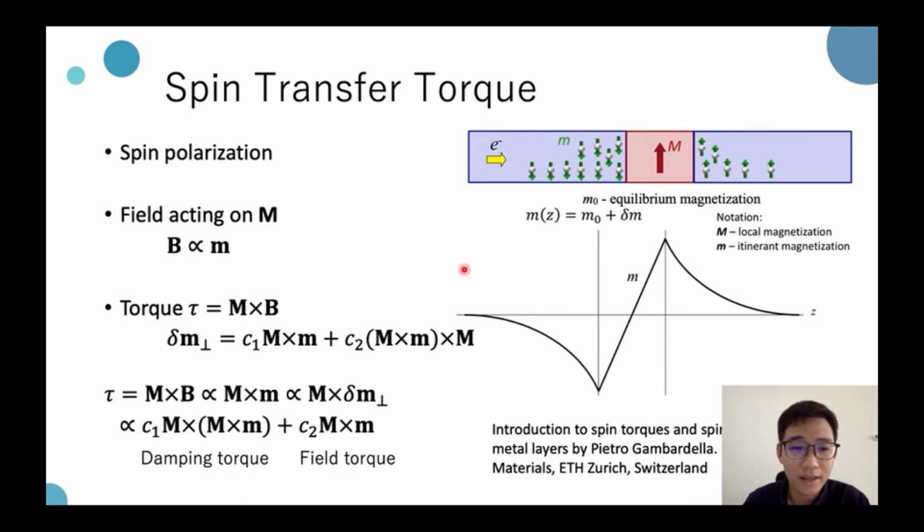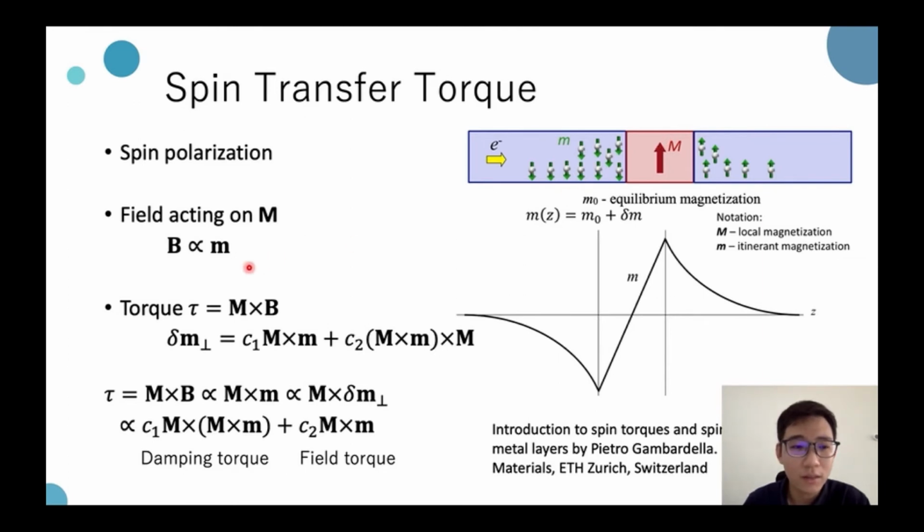And we can see that the magnetization of the free carrier has a gradient distribution. It is clear that capital M will be acted on by the magnetic field from the itinerant carrier.